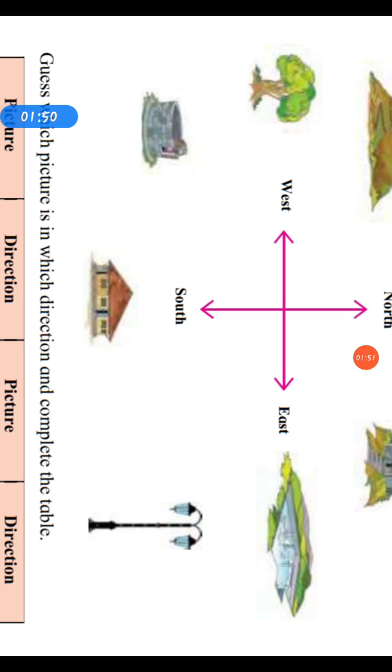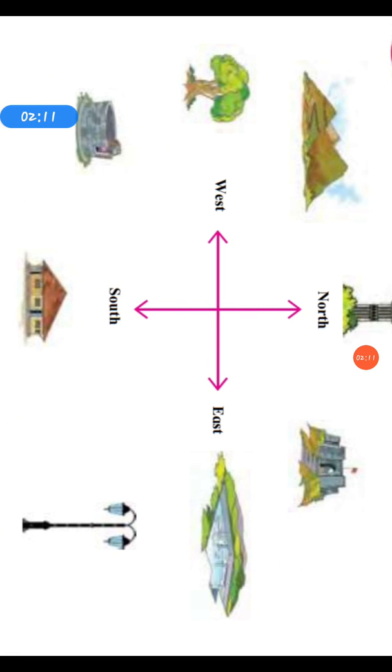Suppose you are facing towards the east, then the right side shows the south direction, and the left hand side of yours shows the north direction. So students, how many main directions are there? There are four main directions: east, west, south and north.